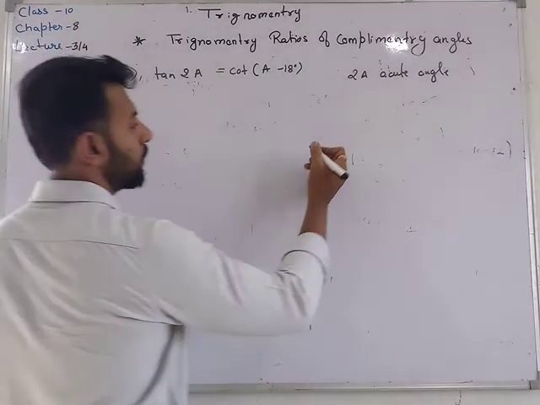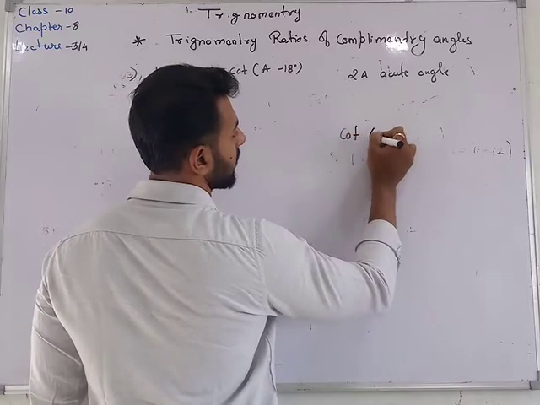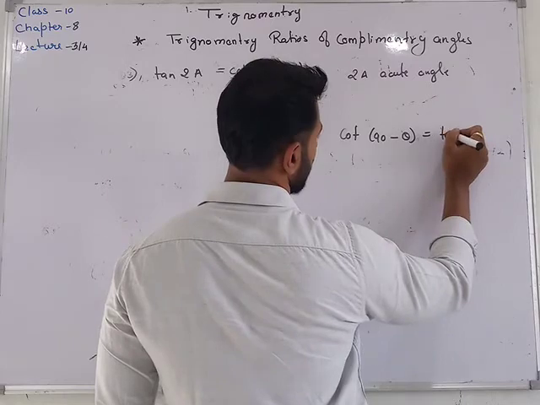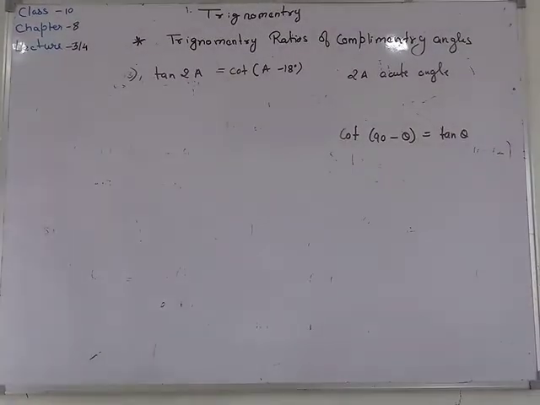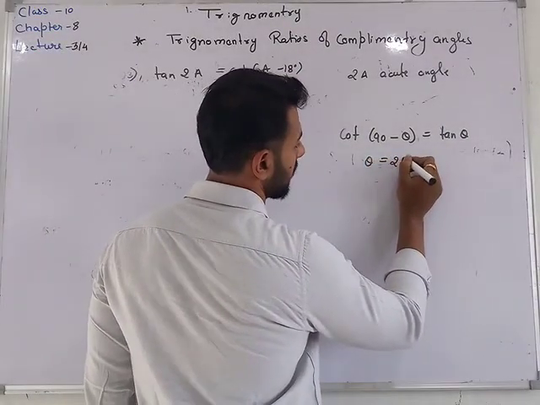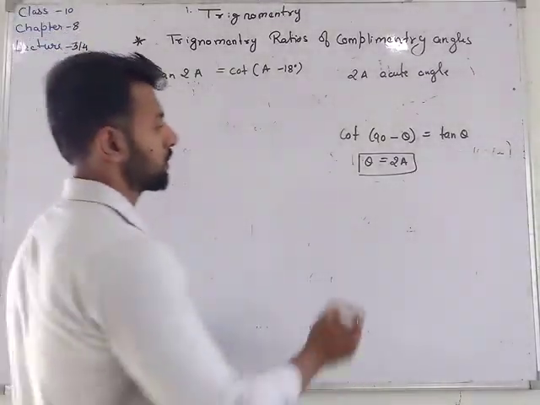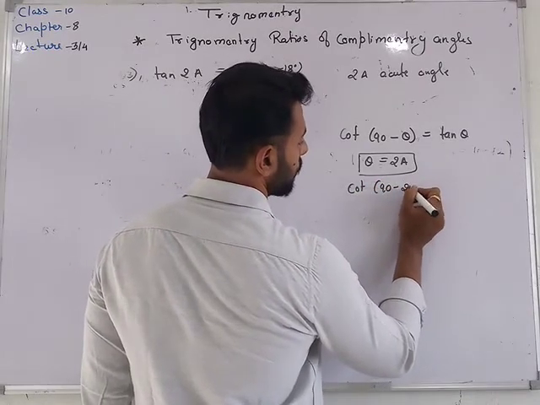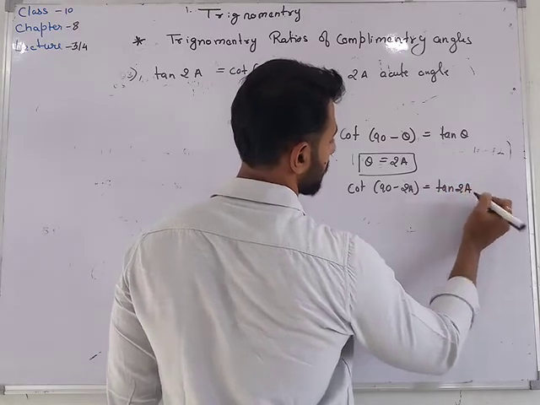Now we know one identity: cot 90 minus theta is equal to tan theta. Let us substitute theta as 2a. So cot 90 minus 2a can be written as tan 2a.